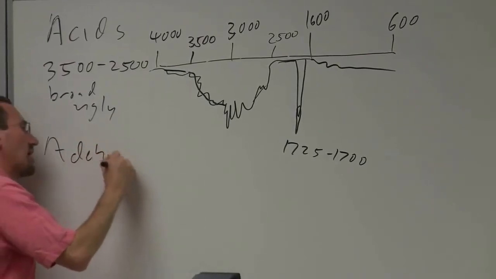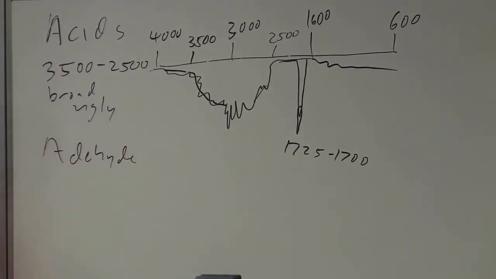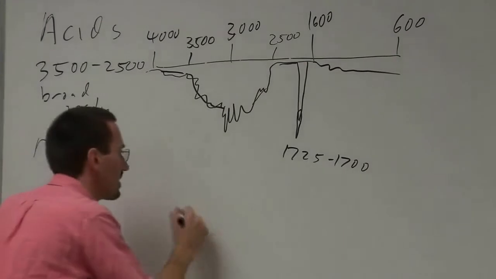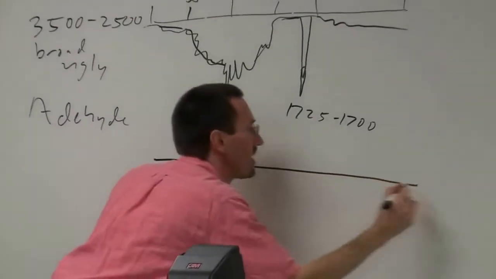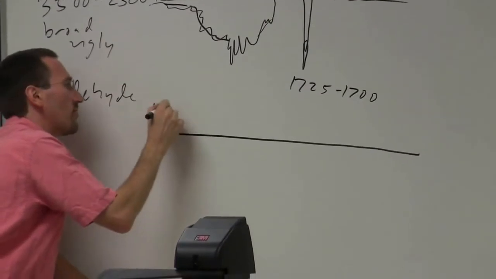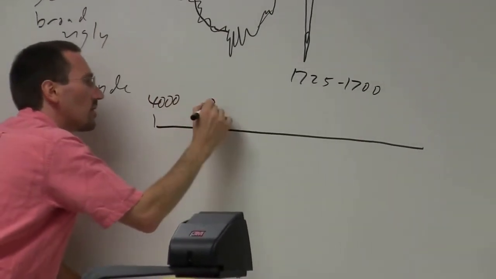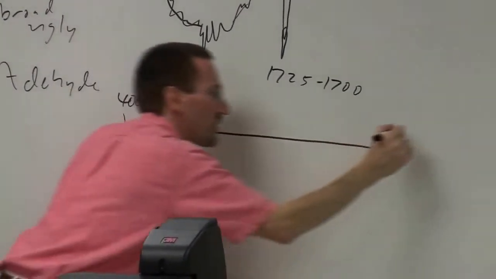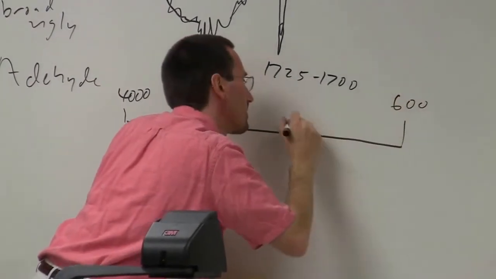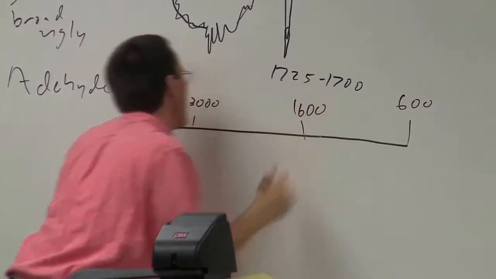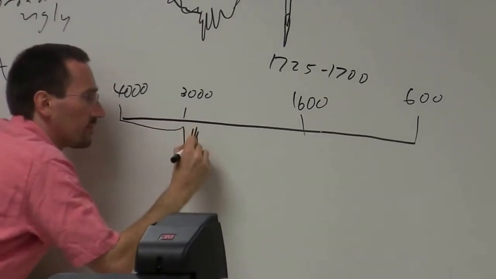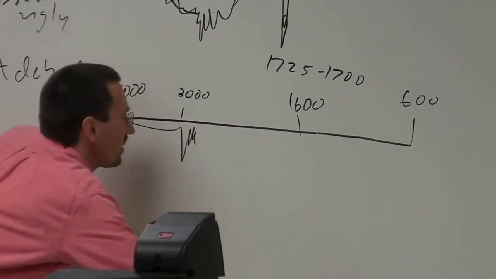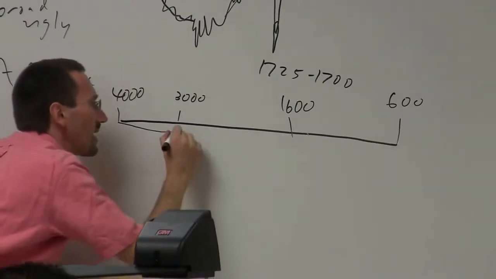For an aldehyde, just to show some corroboratory stuff, let me draw out the same sort of pigeon spectrum here from about 4,000 to about 3,000 to about 600, about 1,600. I'm going to make this a little bit bigger so you guys in the back can see it.